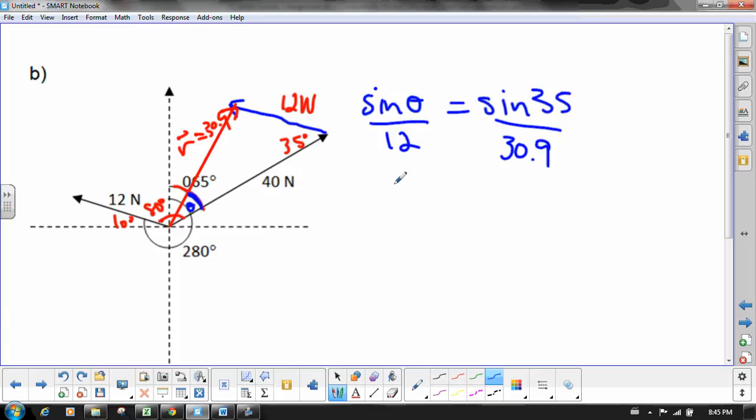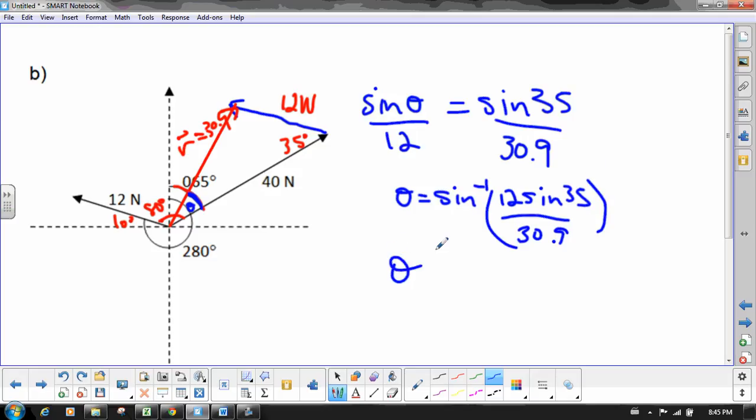So then from there, I am going to have theta equals the sine inverse of 12 sine of 35 over 30.9. So when I work that out, we are going to get a value of 12.9 degrees. So this right here is 12.9 degrees.